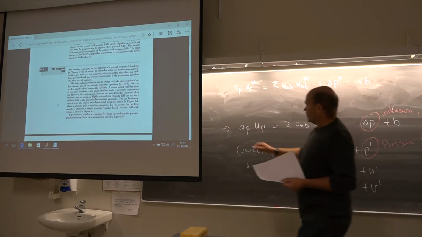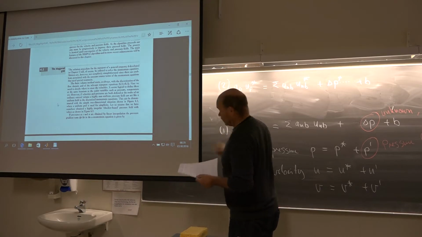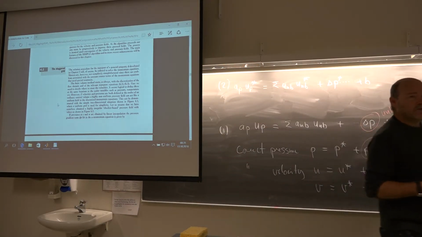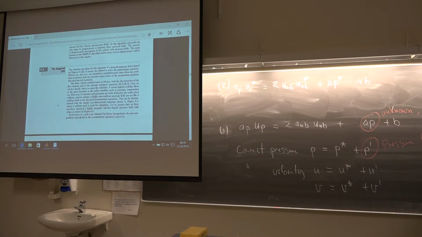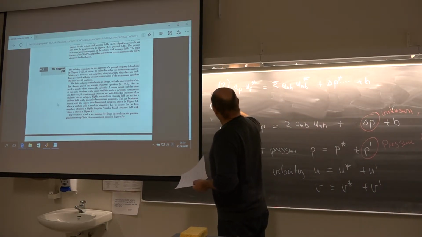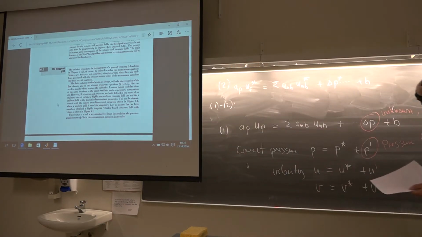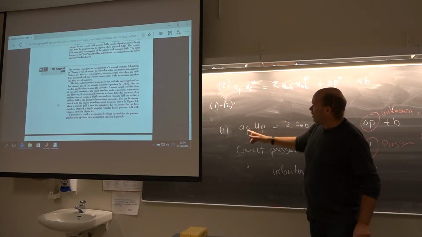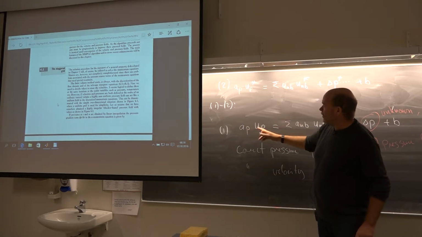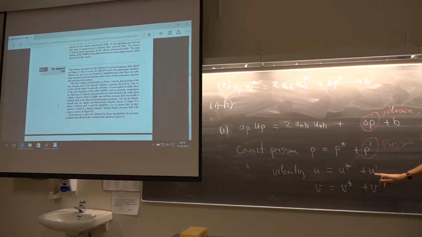So this was equation number 1, and now this is equation number 2. Subtract these two equations. 1 minus 2, what do we get? Well, then you see we end up with an equation system with center point coefficient AP multiplied with the difference between those two, which is the correction.